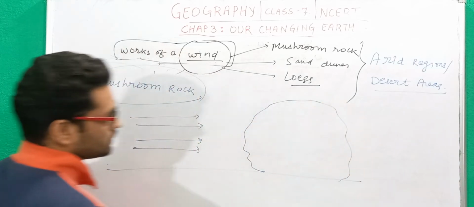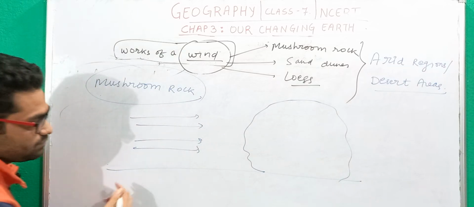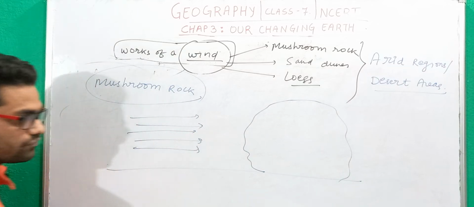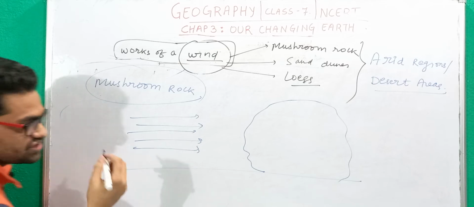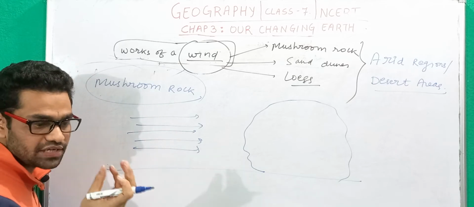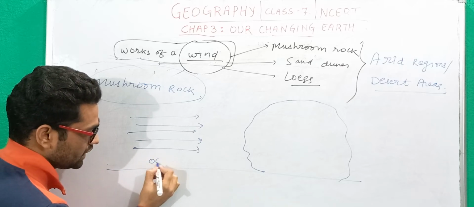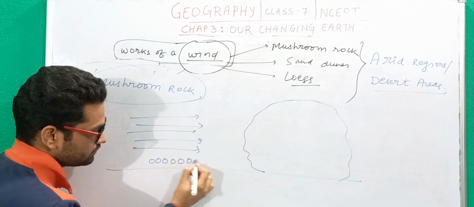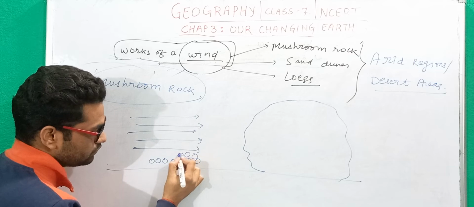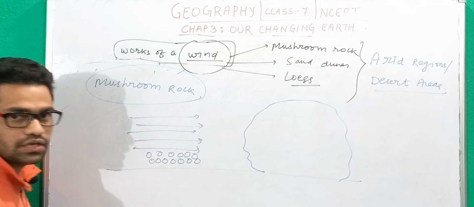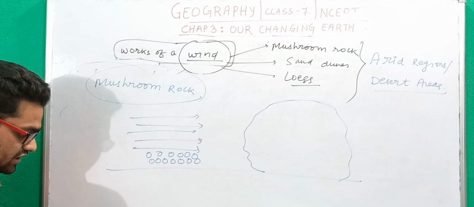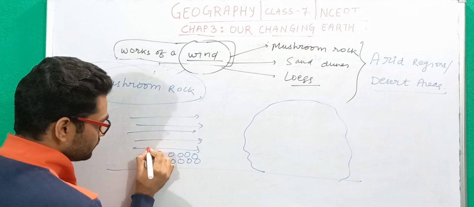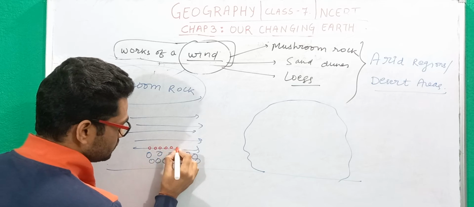What happens when winds flow? Winds carry particles of different sizes. The heavier particles, or the particles of greater sizes, will flow near to the ground, and the particles which are a little less heavy will flow just above it.